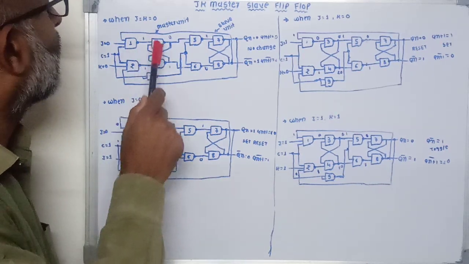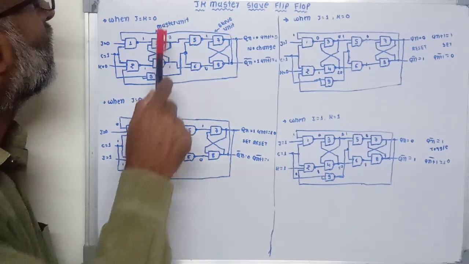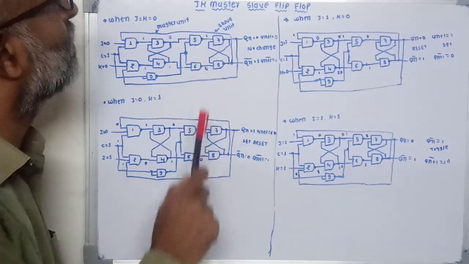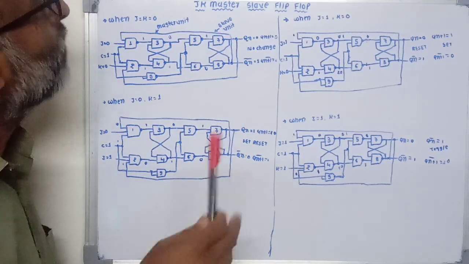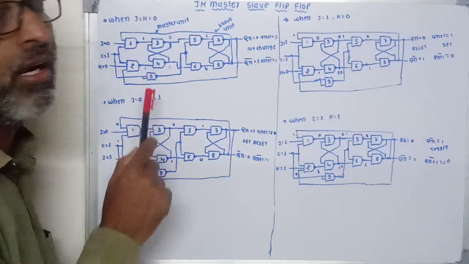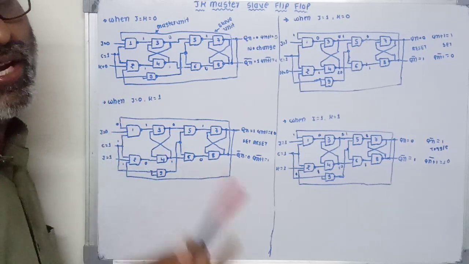So here there are 1, 2, 3, 4 NAND gates which make the master unit, and 5, 6, 7, 8 NAND gates make the slave flip-flop. Here we are using another NAND gate, number 9, which acts as an inverter.